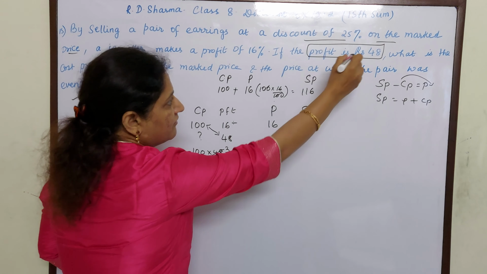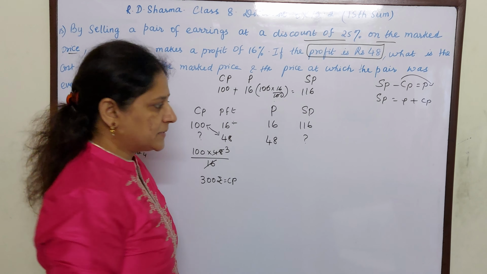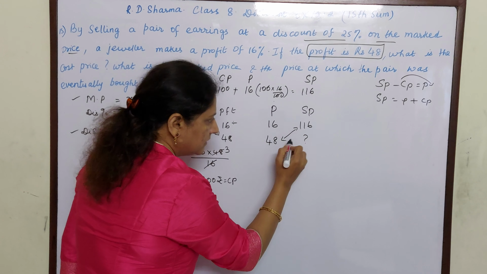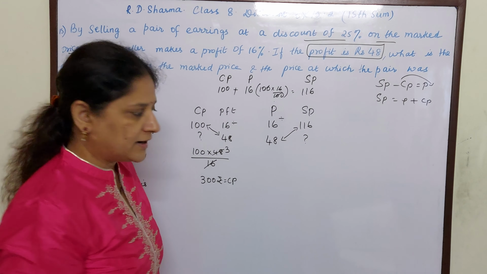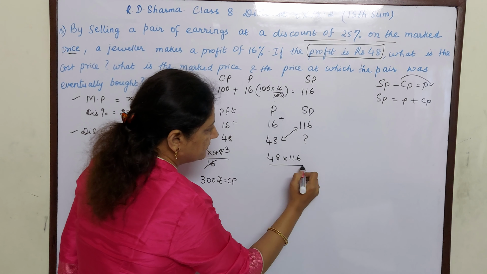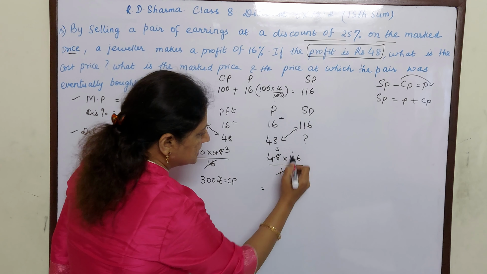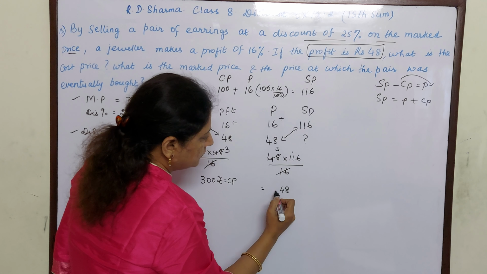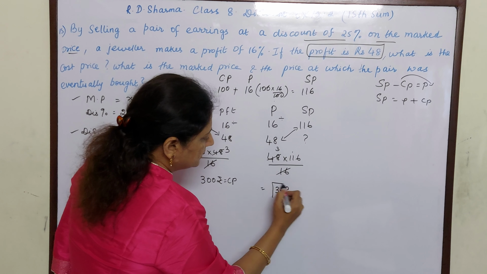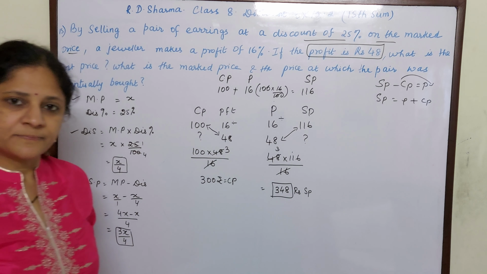But when the profit is actually 48, what is the selling price? Cross multiply, whatever is remaining, divide. 48 into 116 divided by 16. 16 threes are 48, so 3 into 116 is 348. So 348 rupees is our selling price.